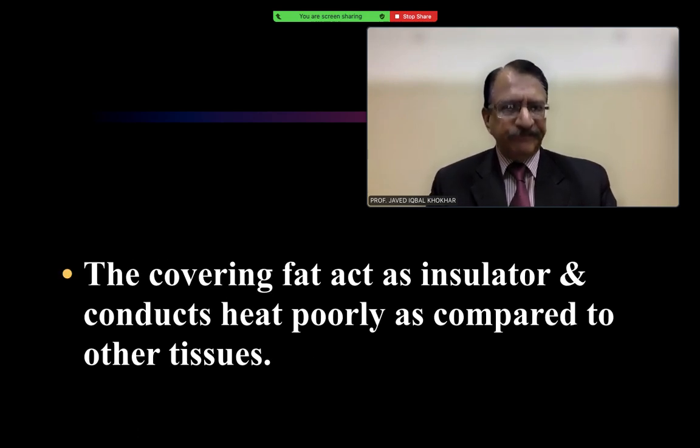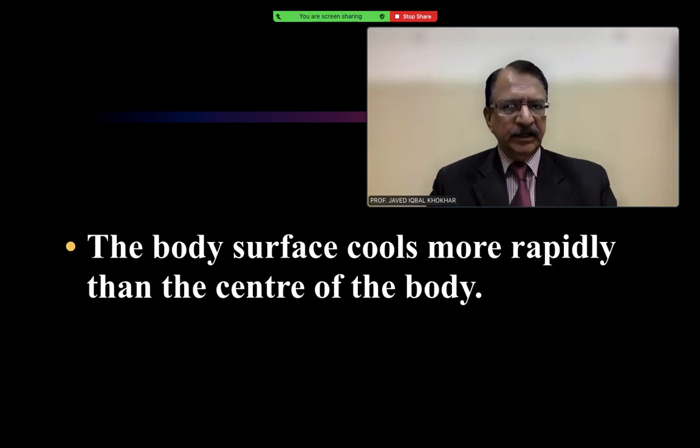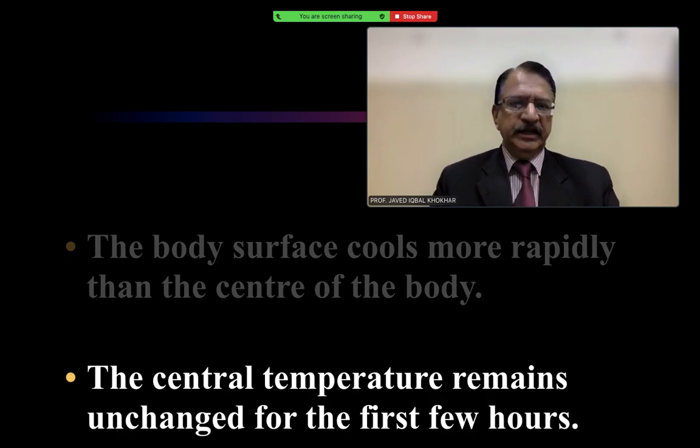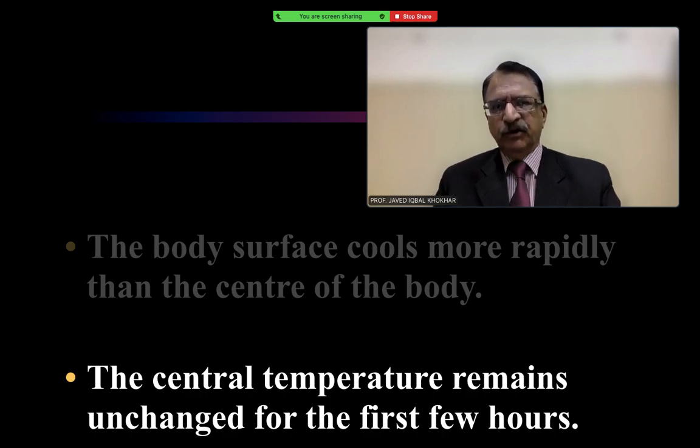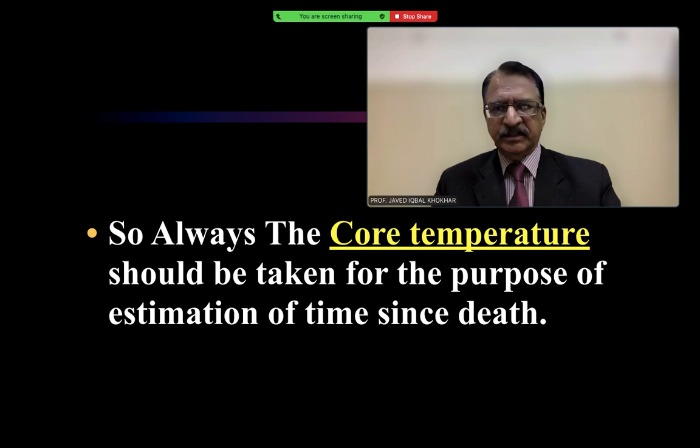The covering fat, the subcutaneous fat, and the skin act as insulators, and they are poor conductors of heat. So the body surface cools more rapidly than the center of the body, and the core temperature of the body remains unchanged for the first few hours because of these insulating factors.